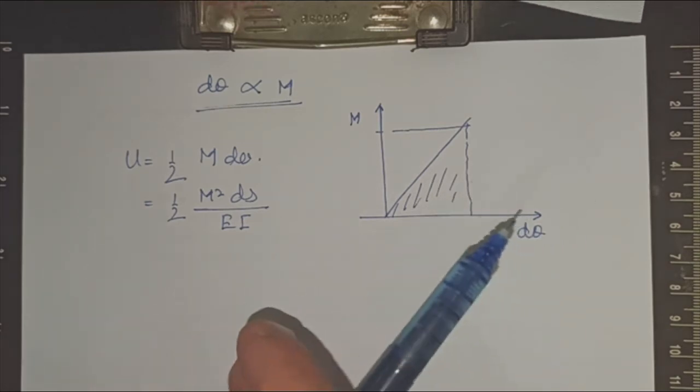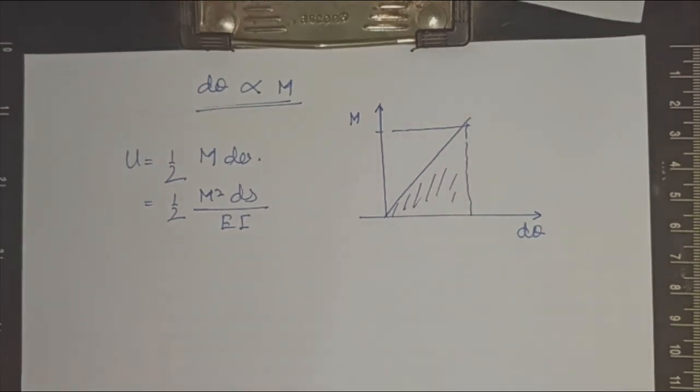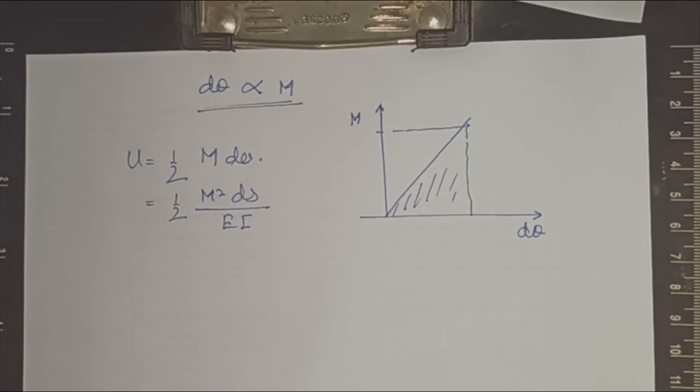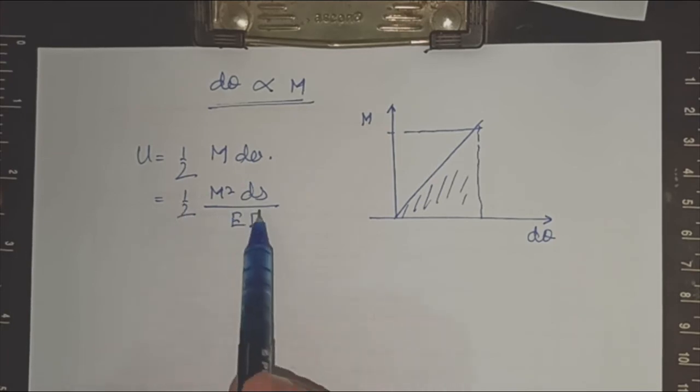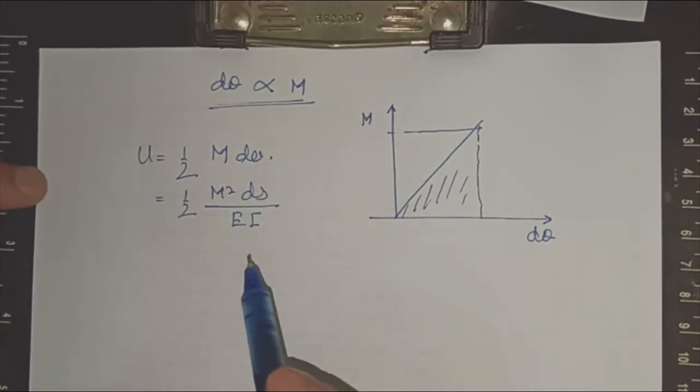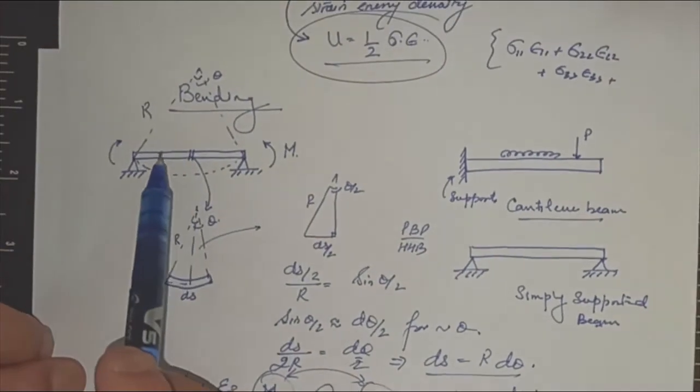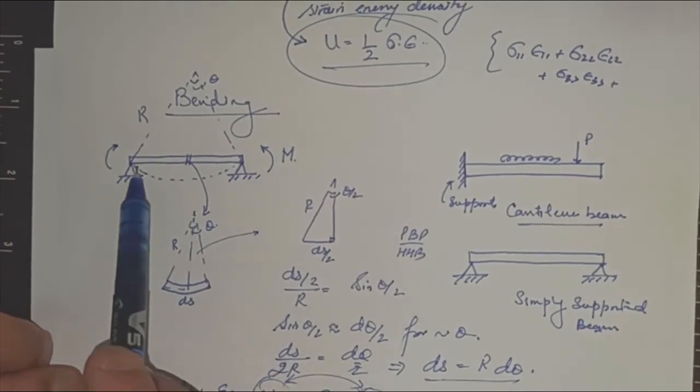So my strain energy will be half M square ds upon EI. Remember that I am calculating the strain energy over this length.